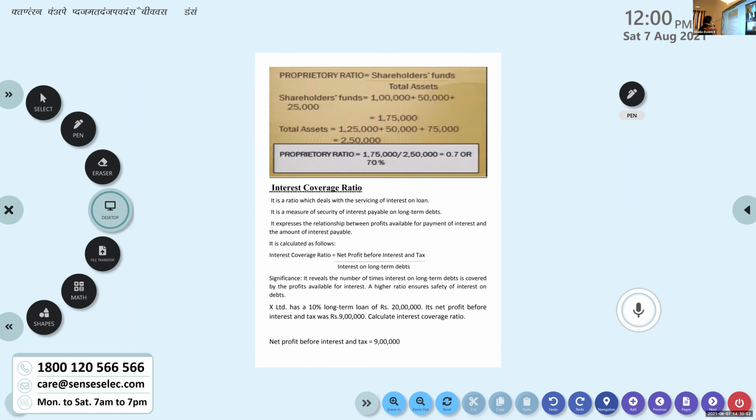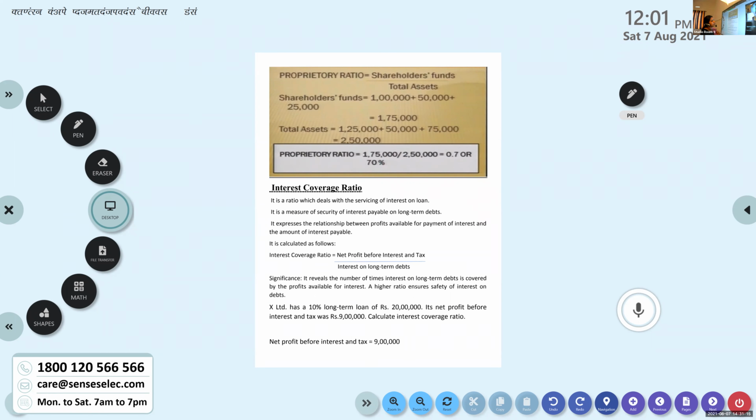It expresses the relationship between profits available for the payment of interest and the amount of interest payable. Whether the profits received are sufficient to meet the interest. So that is interest coverage ratio.